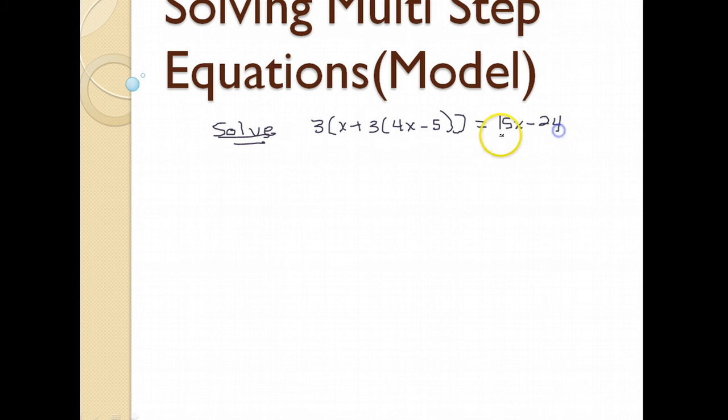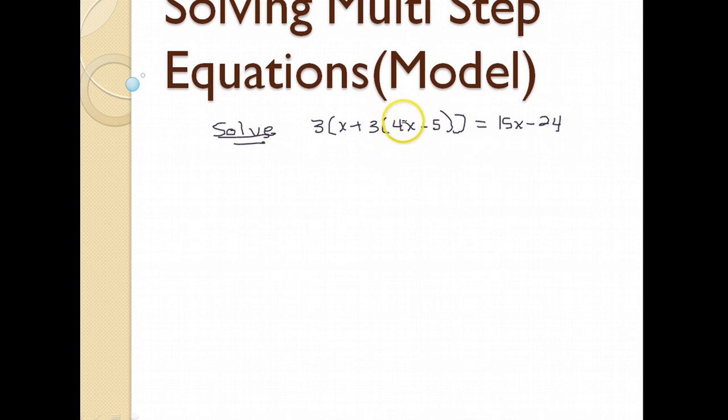Okay, so we're going to do an example of solving a multi-step equation. We're going to solve this equation: 3x plus 3 times (4x minus 5) equals 15x minus 24.